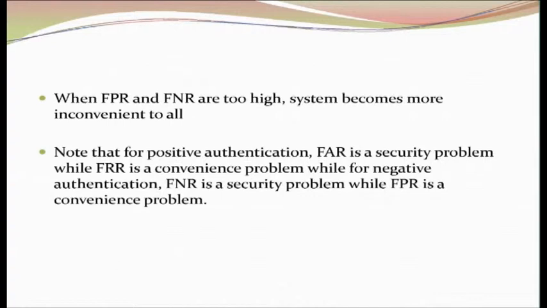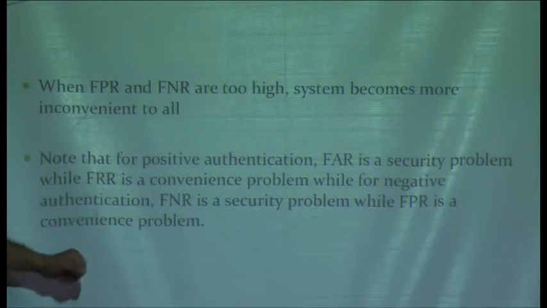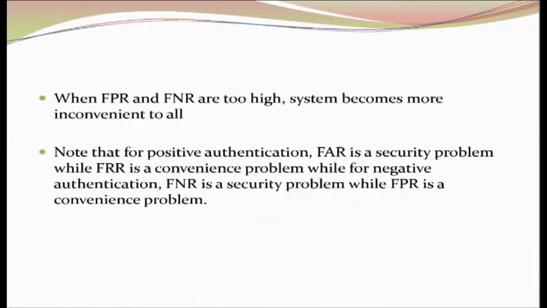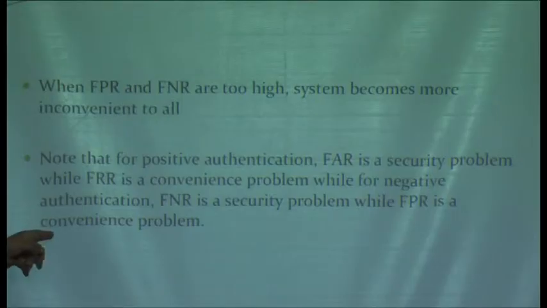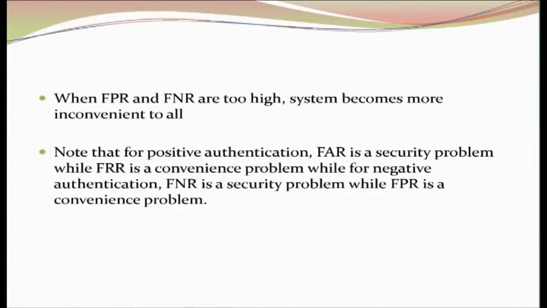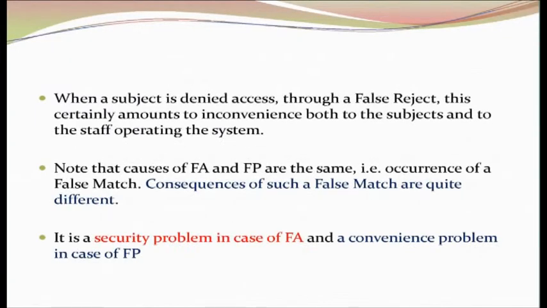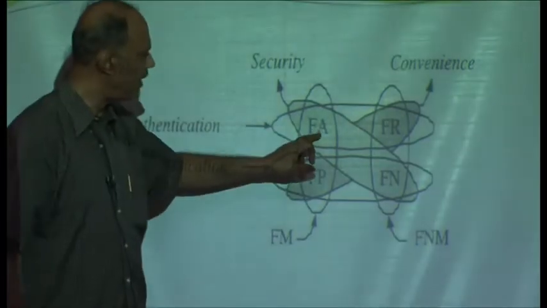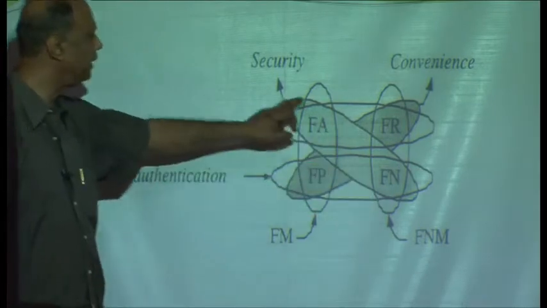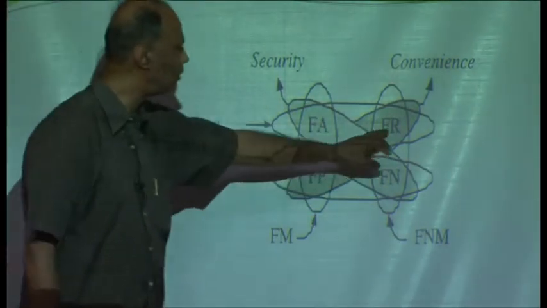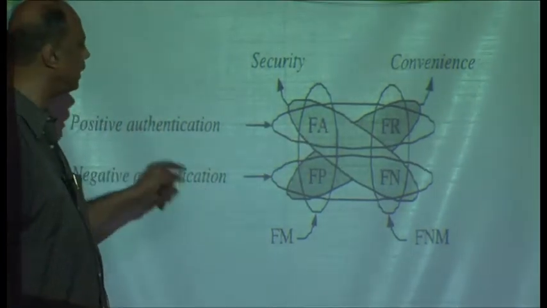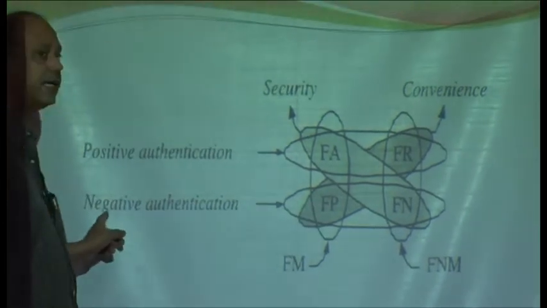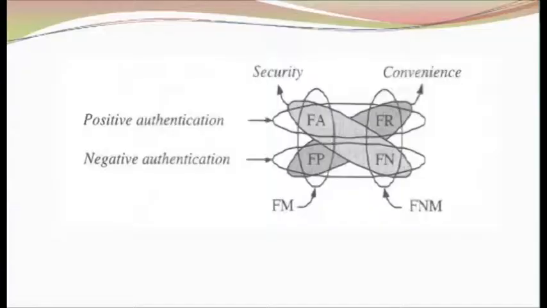In the case of positive authentication, FAR is the security problem, while FRR is the convenience problem, while for negative authentication, FNR is the security problem and FPR is the convenience problem. If you see the diagram, what I am saying is that false acceptance and false negative are the security problems, and false rejection for positive authentication and false positive for negative authentication are the convenience problems.